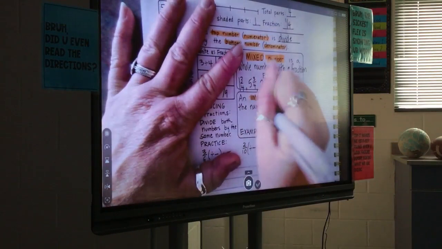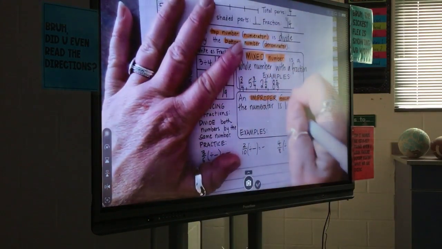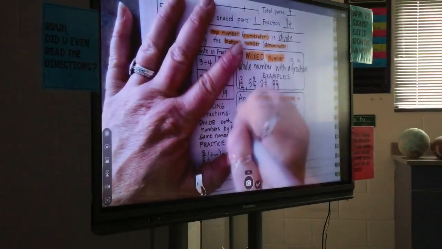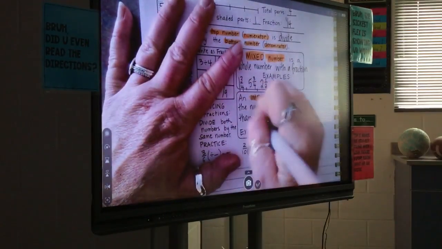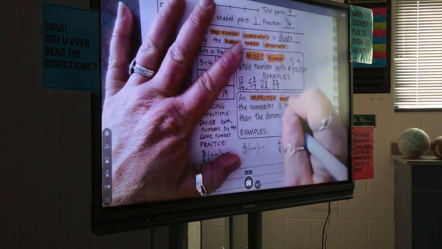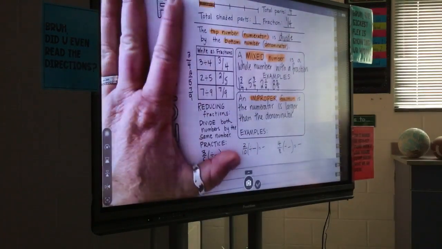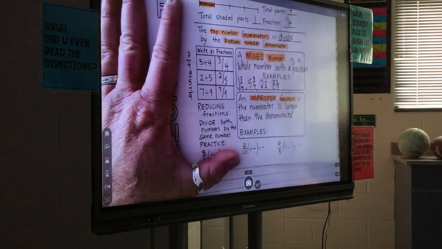The numerator is larger than the denominator. But yes, Summer, you are correct. The bigger number is on top.